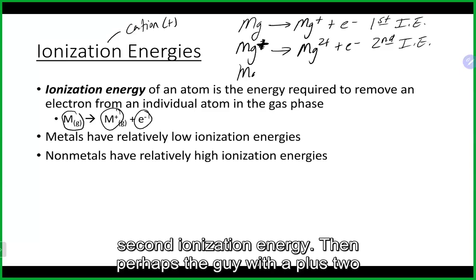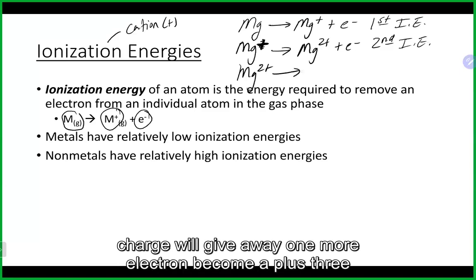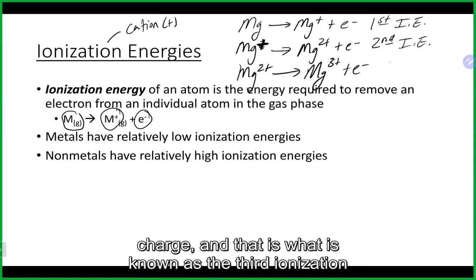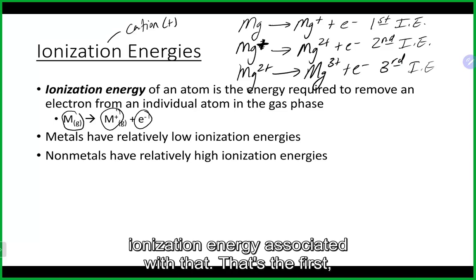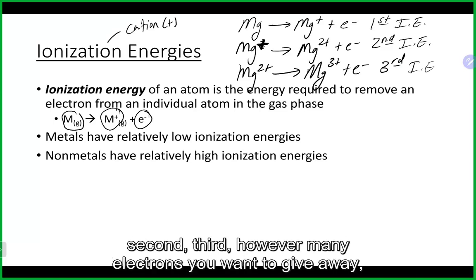Then perhaps the guy with a +2 charge will give away one more electron, become a +3 charge. And that is what is known as the third ionization energy. So every time you drop an electron, there is the ionization energy associated with that. That's the first, second, third, however many electrons you want to give away.